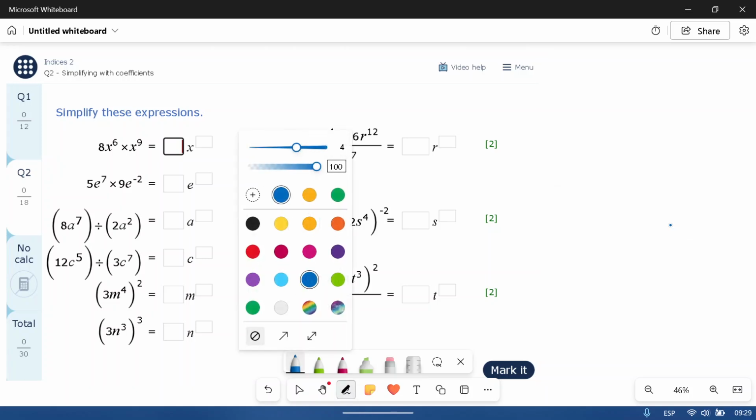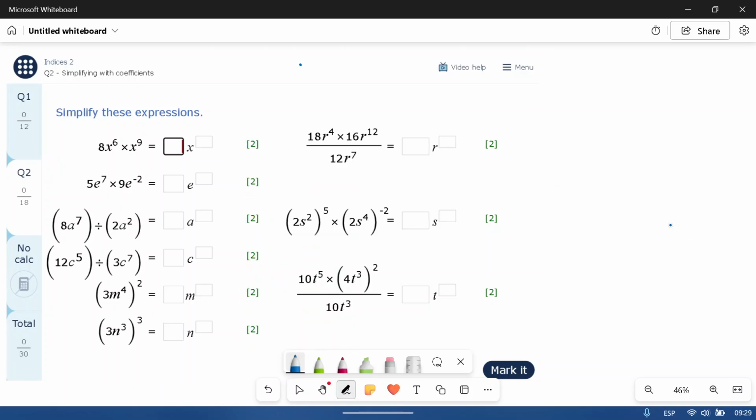Right, starting with question 2. Remember, if there's nothing in front of an x, we can always imagine there's a 1. So the big numbers, we just do it as normal. 8 times 1 will give us 8. And remember, the first rule of indices, if the base numbers are the same and we're multiplying, we add the indices.